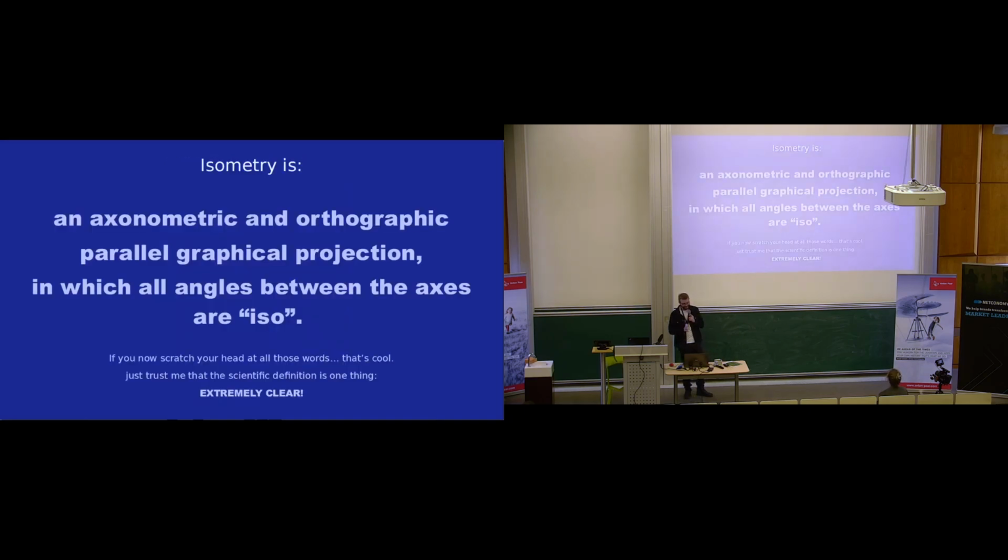This is really funny, because it's an axonometric and orthographic parallel graphical projection in which all angles between the axes are equal. If you look at this and don't know what I'm talking about, the only thing you need to know is that this is a very special case, and it's very clearly scientifically defined. So extremely clear, yeah, except for the end user, because you look at the thing and you think it's isometry.